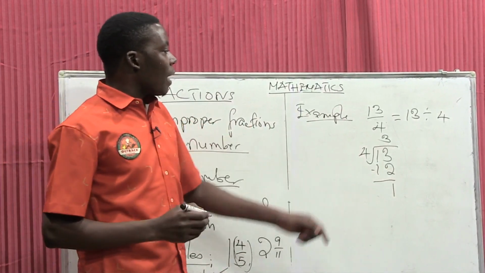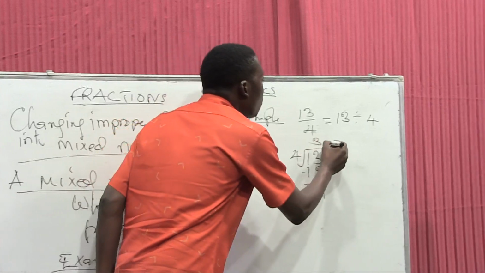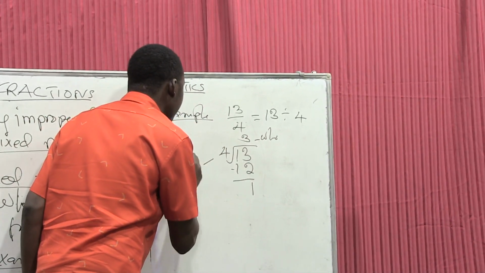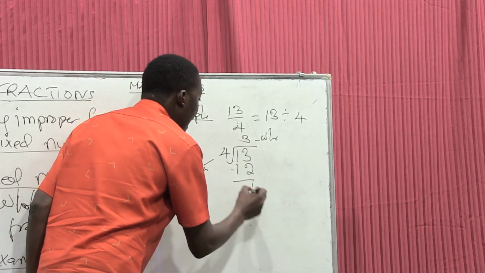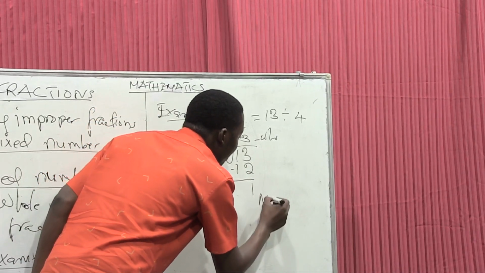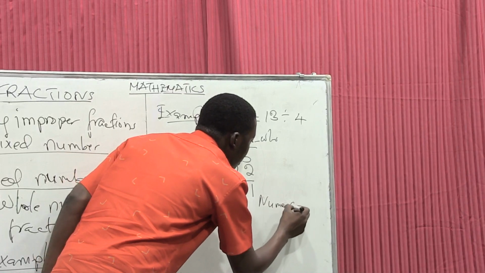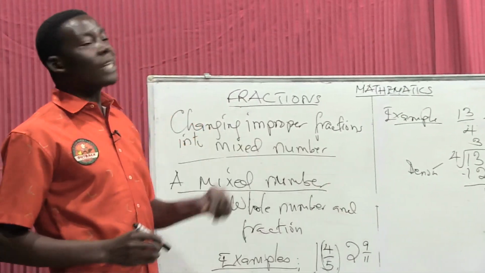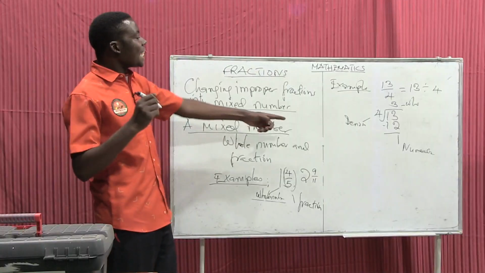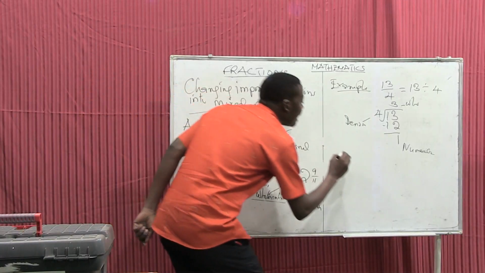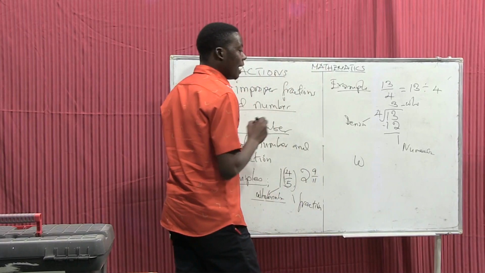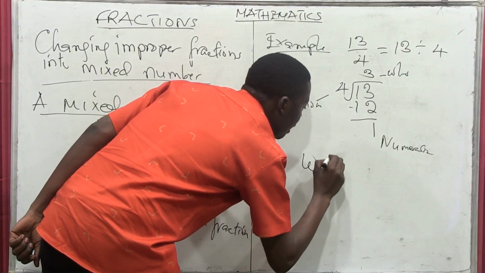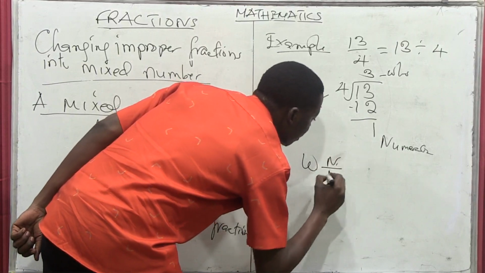Now 3 will be the whole number. Then 4 remains as the denominator, and 1 is the numerator. Now, by writing a mixed number, we write whole number, numerator, and denominator.